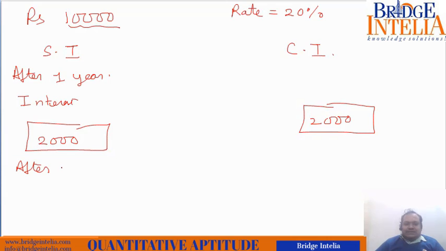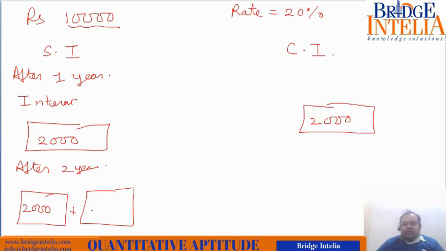But after 2 years, if you go to this bank and you want to see what is the interest you have earned so far, each year the bank is paying you exactly the same amount, 2,000 last year, 2,000 this year as well. But in compound interest, something different happens. Last year the bank had given you 2,000.